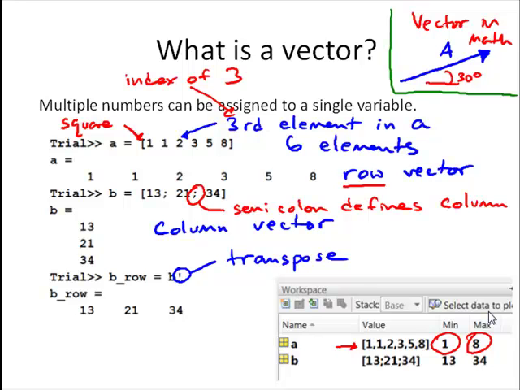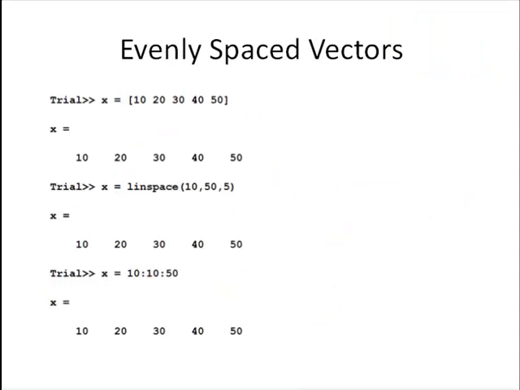So one way to create vectors is just to enter in the numbers like this. Oftentimes we want to create a vector of evenly spaced numbers. So for example, evenly spaced numbers between 10 and 50 spaced by 10. We can type that in, although typing that in would get cumbersome for say 100 numbers. That'd be a lot of typing. So another way to do that, MATLAB has a built-in function called the linspace function.